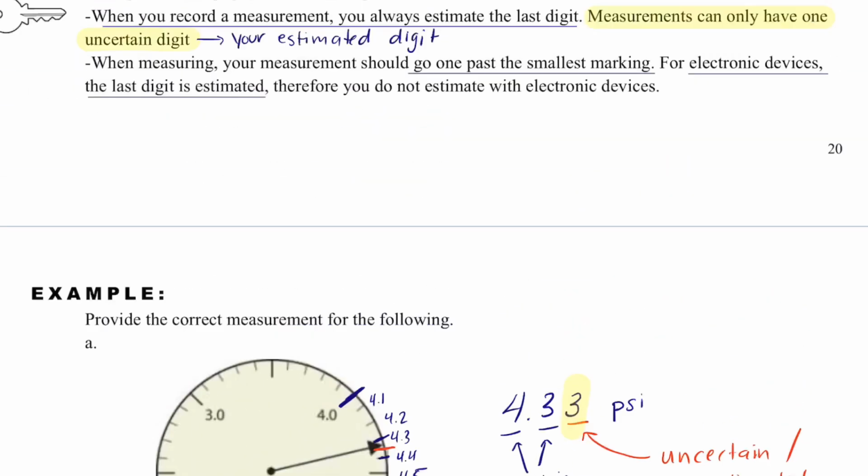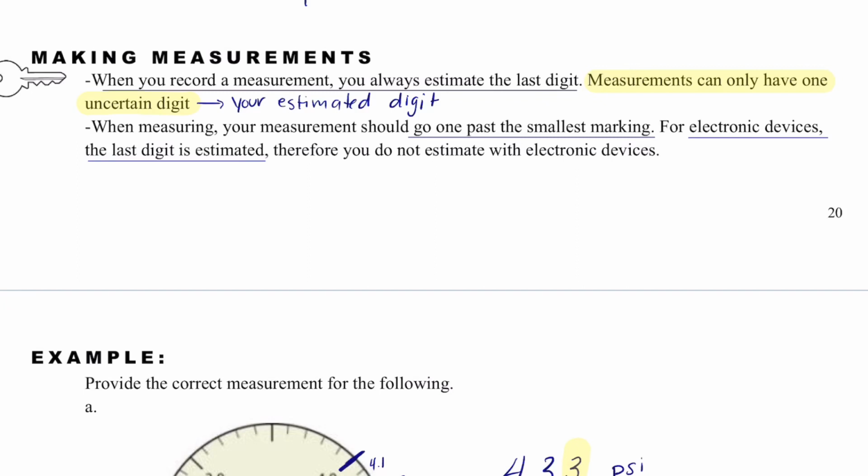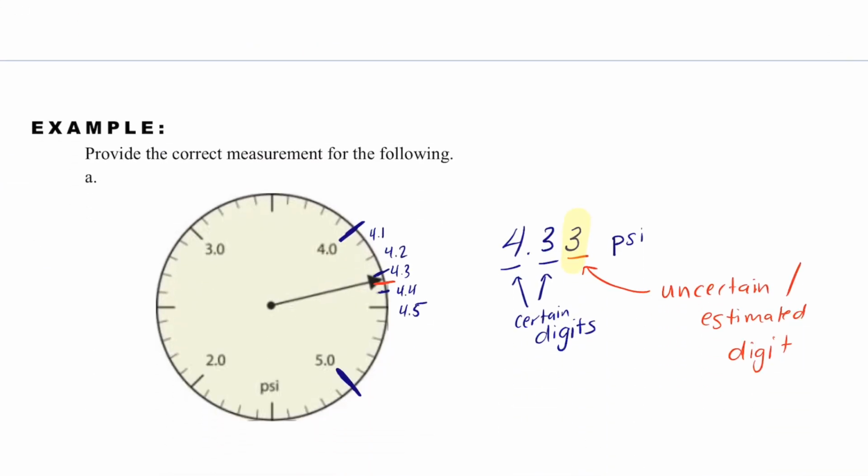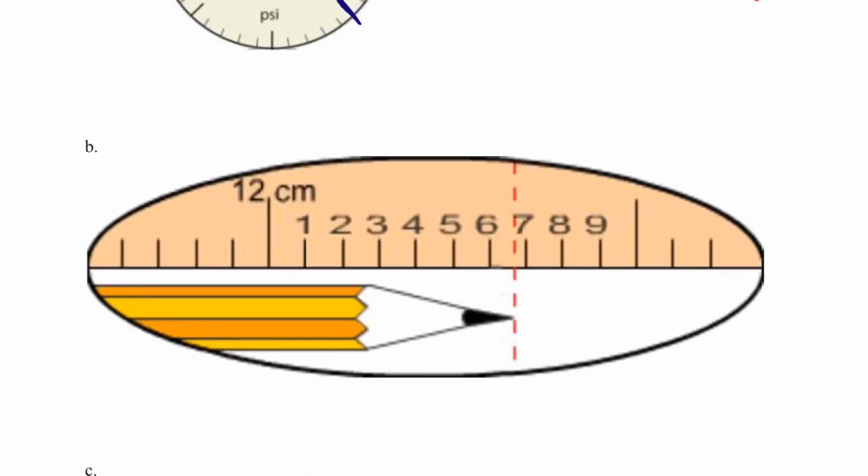The thing that's important is that measurements can only have one uncertain digit, and that you go one past the smallest markings. The smallest markings on this were the tenths, and so I went out to the hundredths.